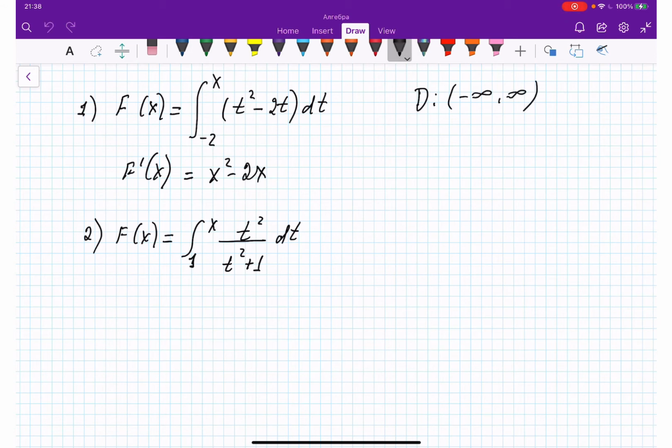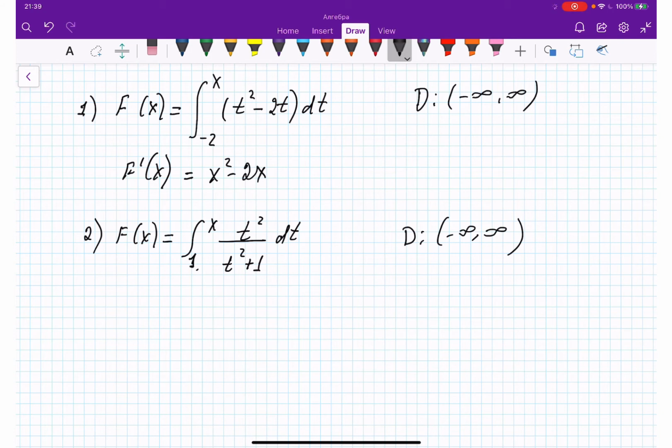In this case also, the domain is going to be from negative infinity to positive infinity, because t squared never can be negative or 0, right? Because it's going from positive 1 to x, where x is going to be a function. So at this point, we won't have a 0. All right?